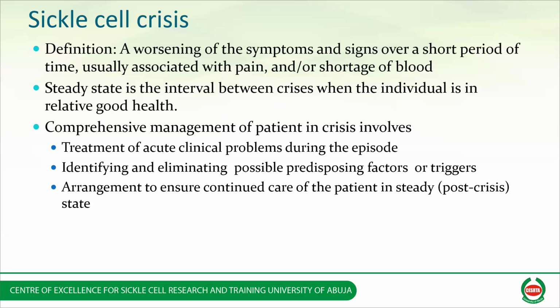So sickle cell crisis, the definition is a worsening of the symptoms and signs over a short period of time, usually associated with pain and or shortage of blood. Steady state is the interval between crisis when the individual is in relative good health.